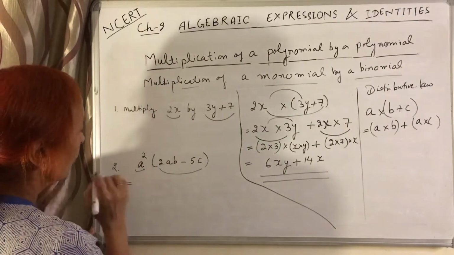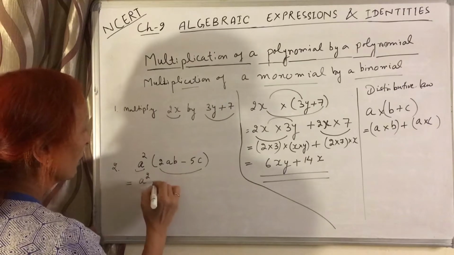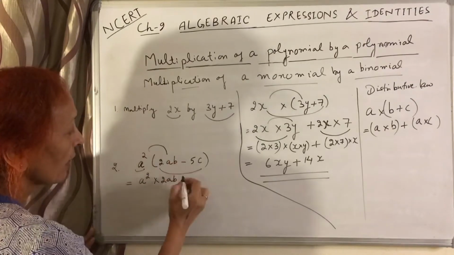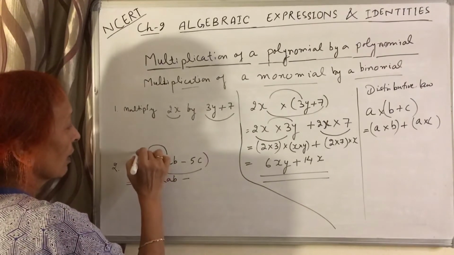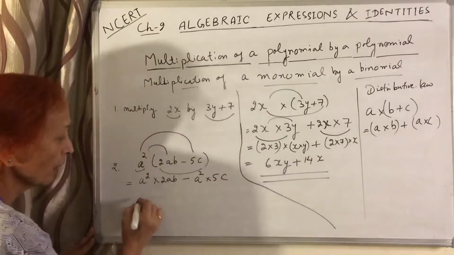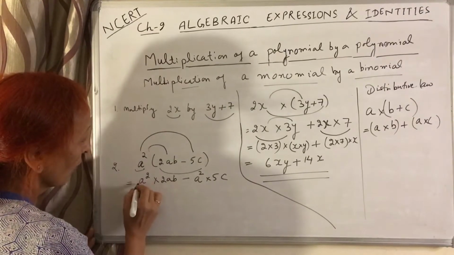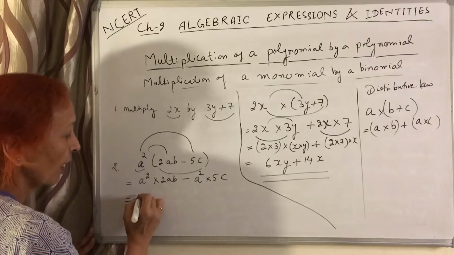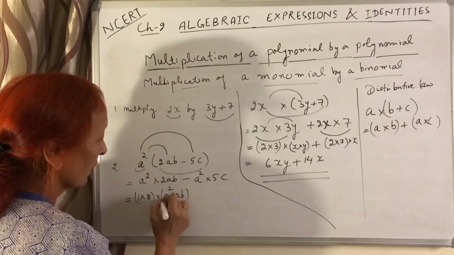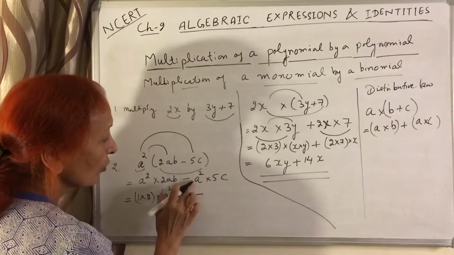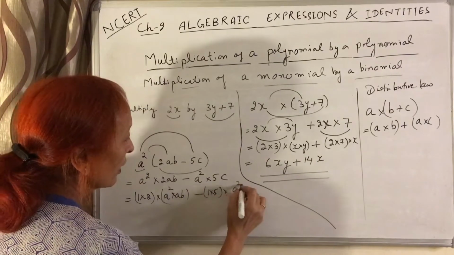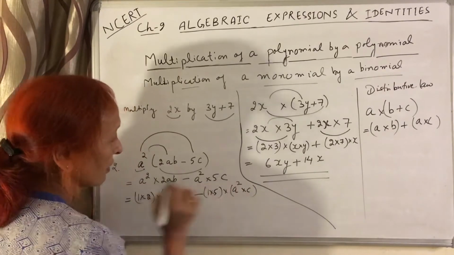So this is equal to a square into the first term 2ab, then the minus sign, and then a square into 5c. No numerical coefficient means 1. So 1 into 2 into a square into ab, minus 1 into 5 into a square into c, the algebraic factors.